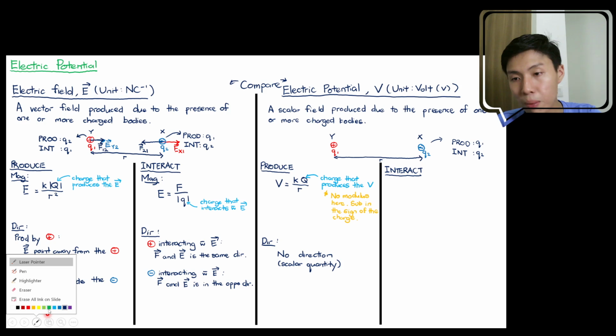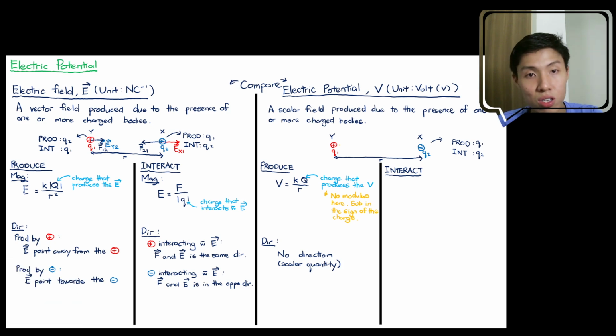You know that if there's a pair of charges, we can draw a spring in between them, right? And this spring in between them has potential energy, electric potential energy, which can be calculated by kQ1Q2 over r.